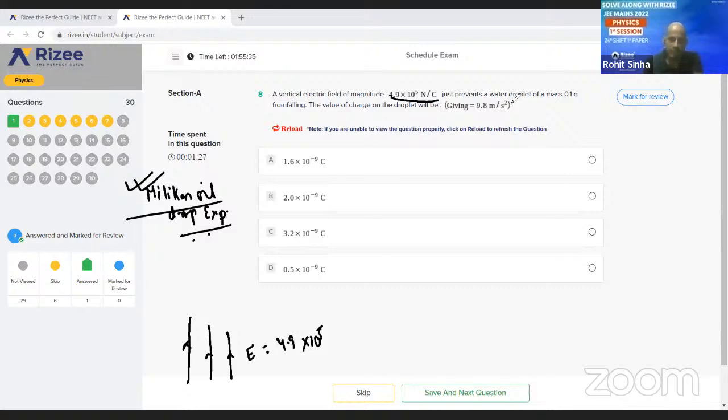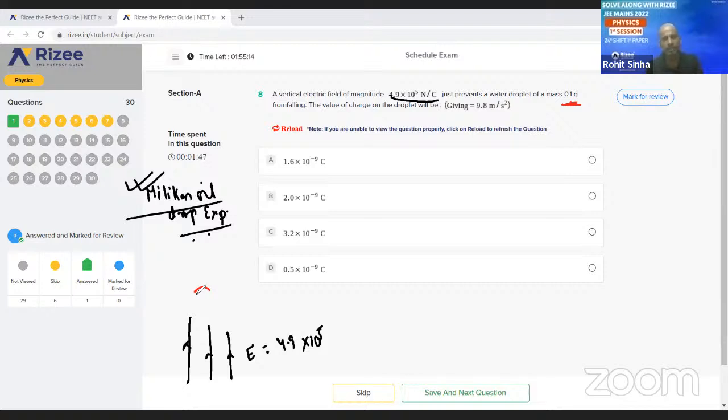It is just balancing the water droplet from falling. Then what will be the value of the charge on the droplet?